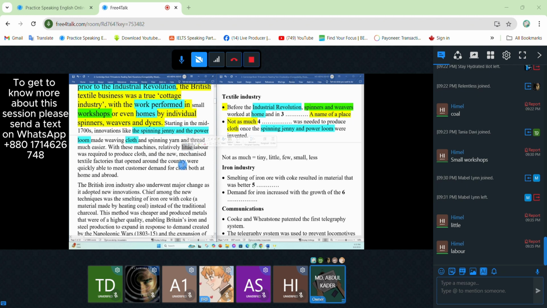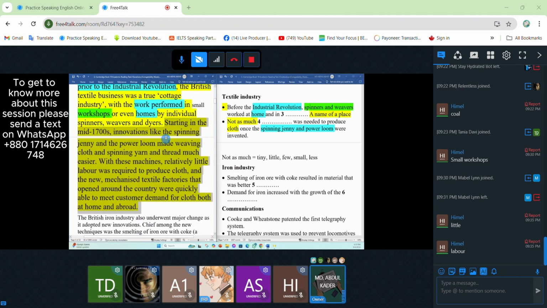Instead of not as much, we've got the word little. So what should be the correct answer? Little labor was required. Here we can see not as much labor was needed to produce clothes. Okay, I see. So from these lines we can find the correct answer.